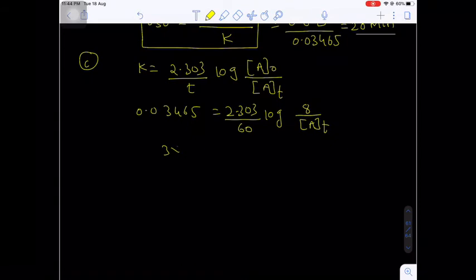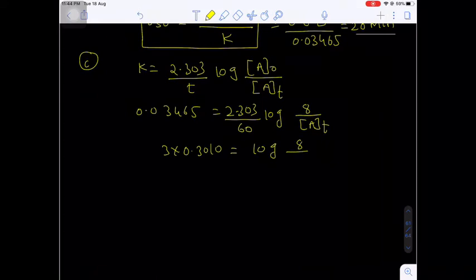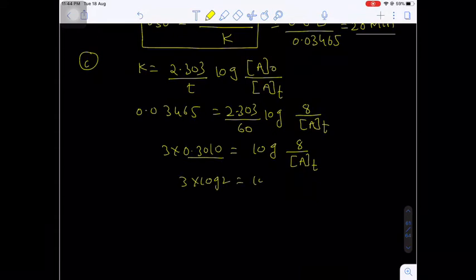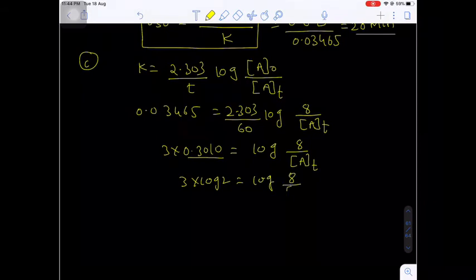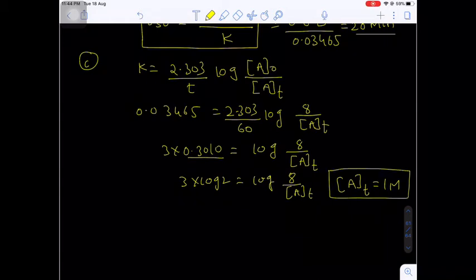After simplification of this, you will get 3 into 0.3010 equal to log of 8 upon concentration of reactant at a time interval T. So shall I write log 2 here? 3 into log 2 will be equal to log of 8 by concentration of reactant at a time interval T. After solving this, you will get the concentration of reactant at a time interval T equal to 1 molar.